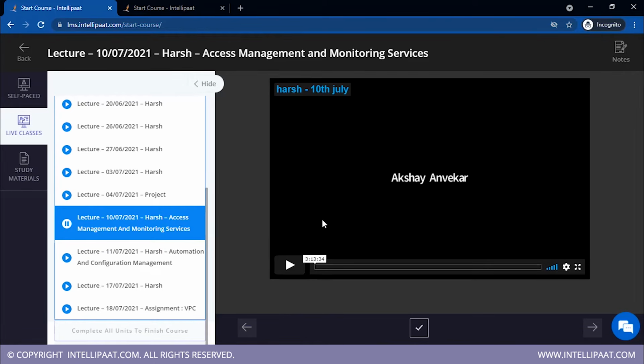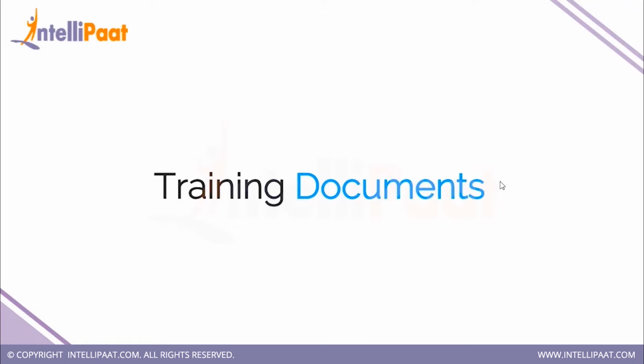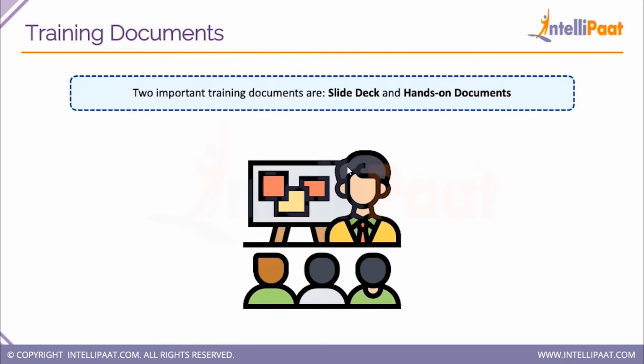Talking about the training support documents which are available in your LMS, the documents would be the ones which are referred by your trainer while he is taking you through the sessions, or there could be some extra assignments and hands-ons which you can use for practice purposes.